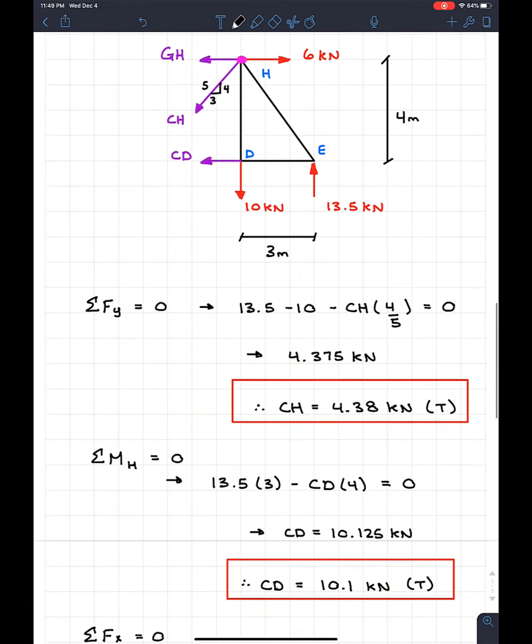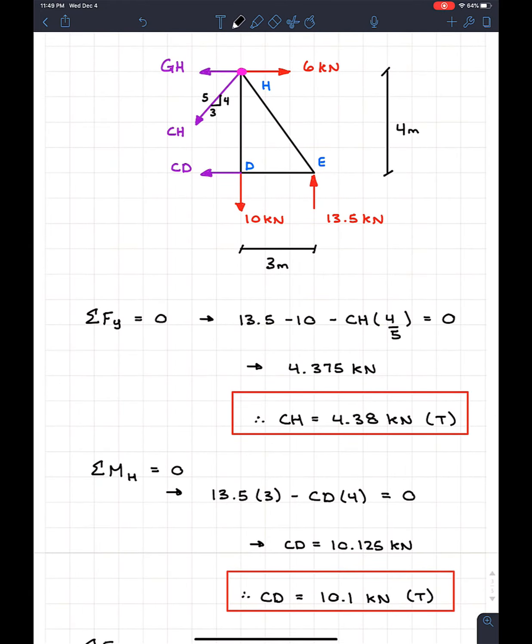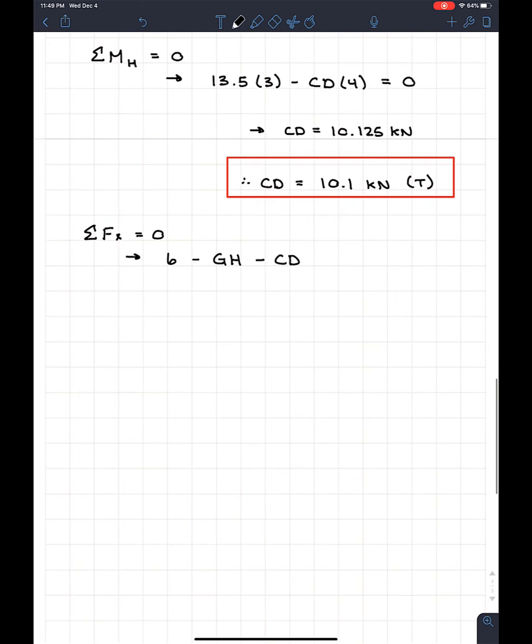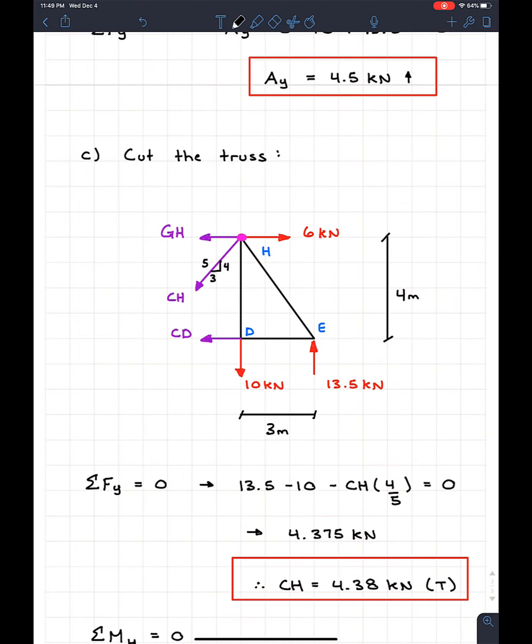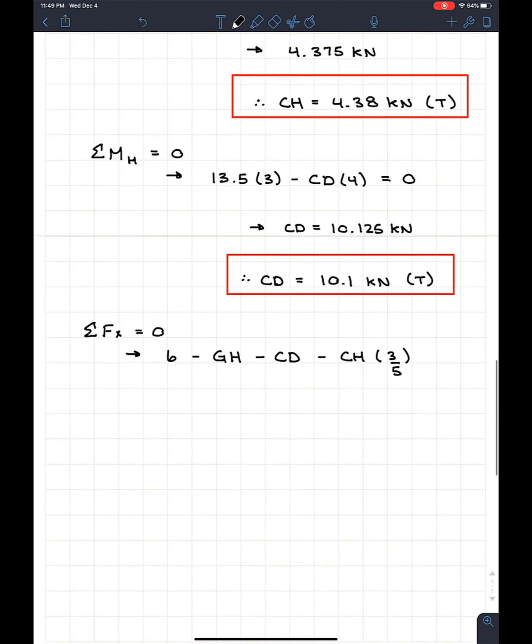Now, if we look, we also have CH, or a component of CH, also going to the left. So minus CH, and its component's going to be 3 over 5. And if we look up to the top, those are my only ones going in the x direction. So this must be equal to 0. So as you guys can see, when we originally started this, it'd be a real pain because we got 3 unknowns.